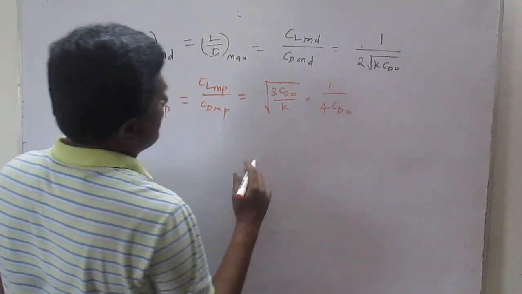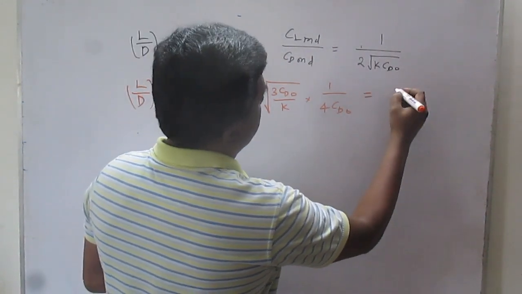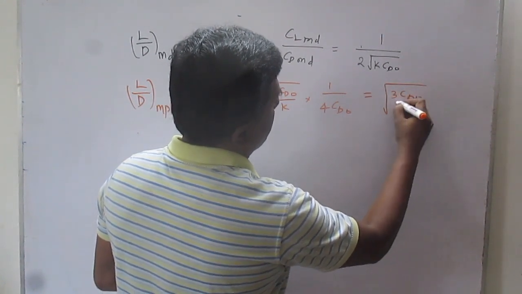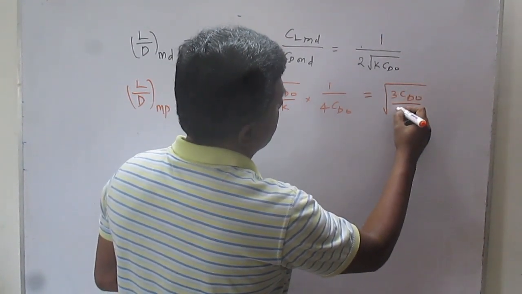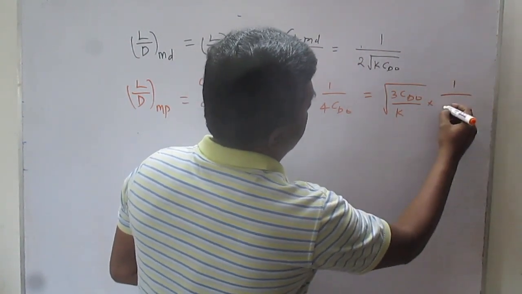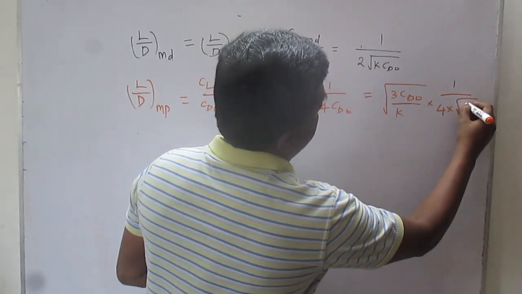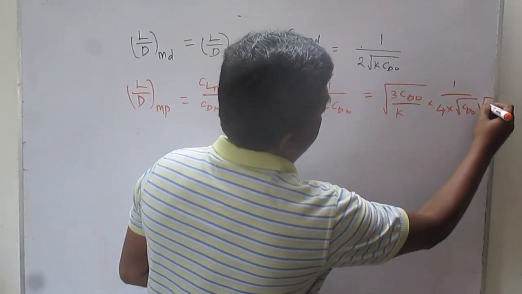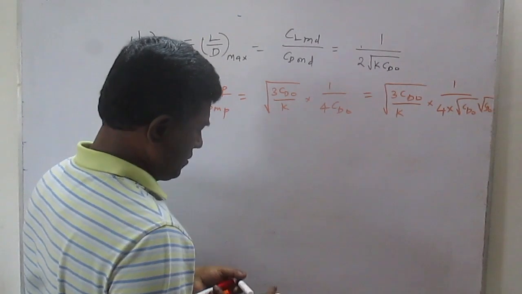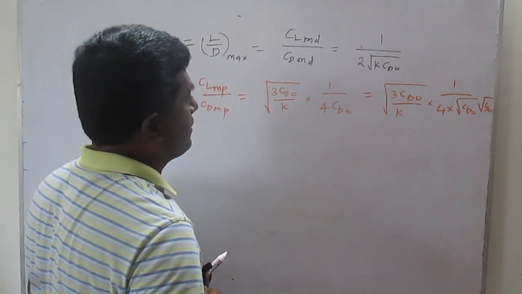By simplifying this, we can put it like this: 3 CD naught by K into, we can write, 4 into root CD naught into root CD naught. So we can cancel out one. After simplifying this, we get this expression.